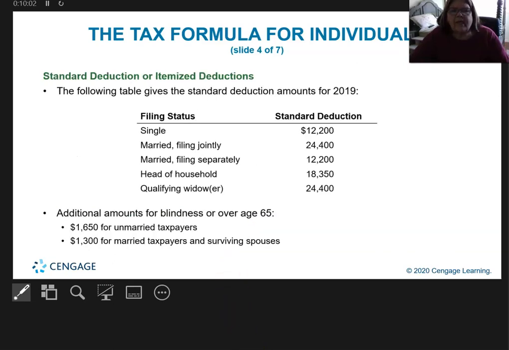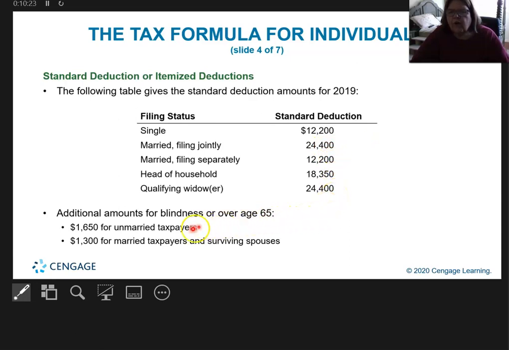So next we're going to look at standard deductions. Here are the standard deductions. So this was for 2019. And if you're single, your standard deduction is $12,200. It has to do with your filing status. Here's married filing separate, head of household, qualifying widower.